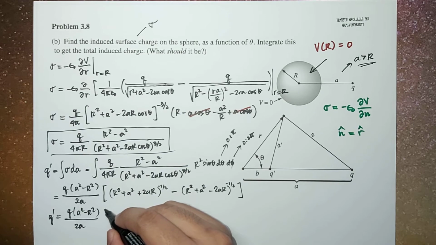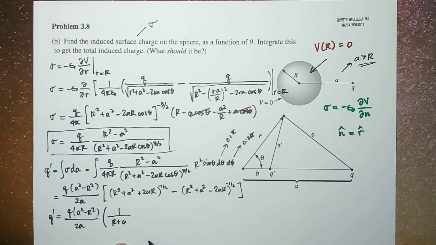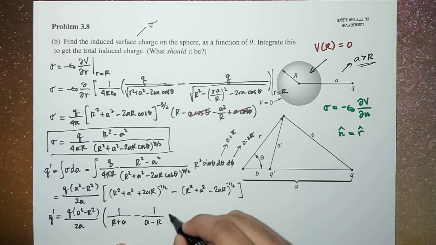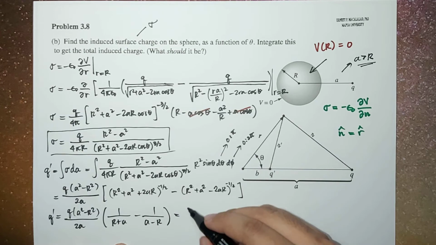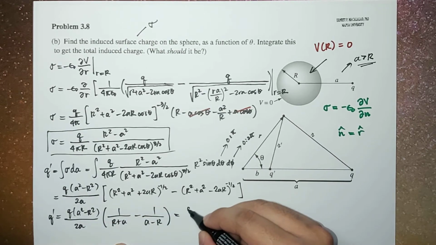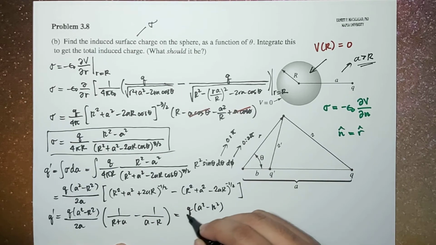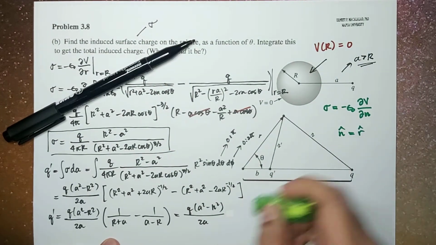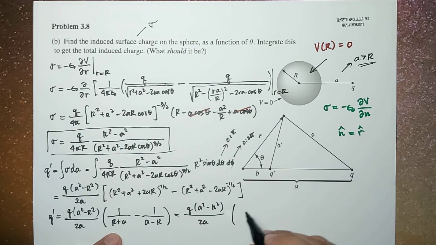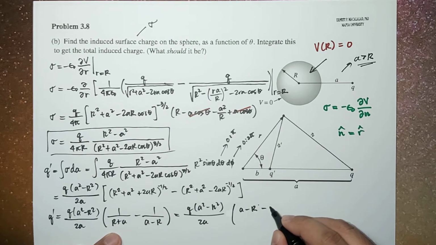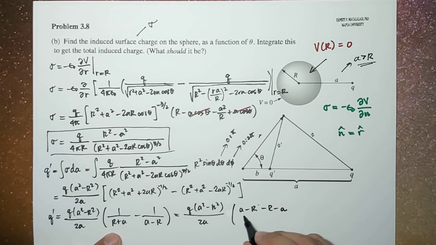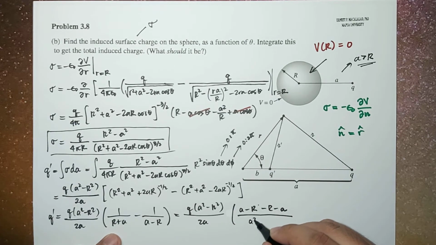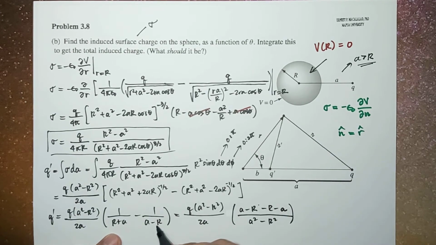So this is 1 over R plus a minus 1 over a minus R, which is equal to q times a squared minus R squared divided by 2a times a minus R minus R minus a divided by a squared minus R squared, sum and minus, right?